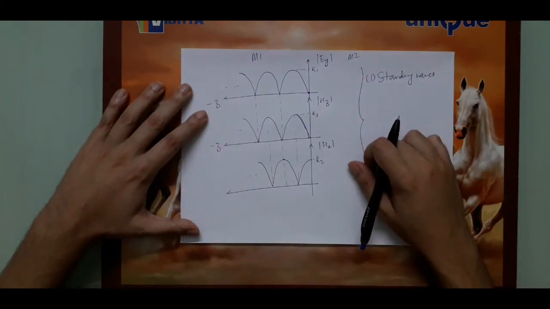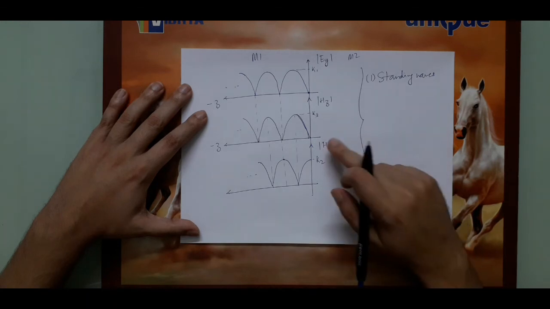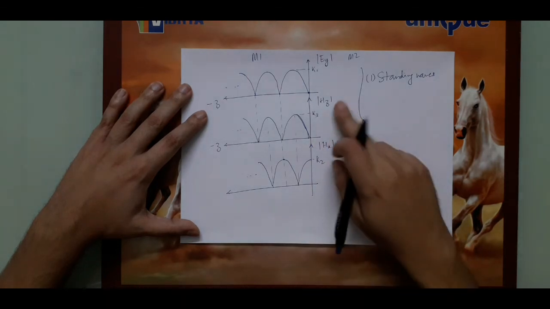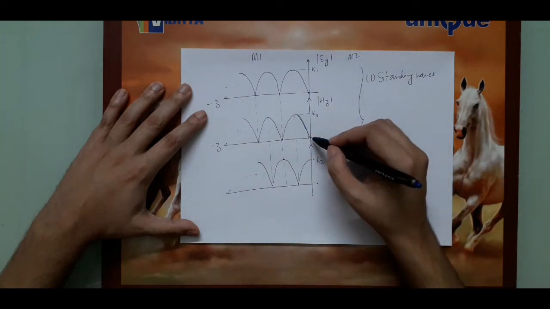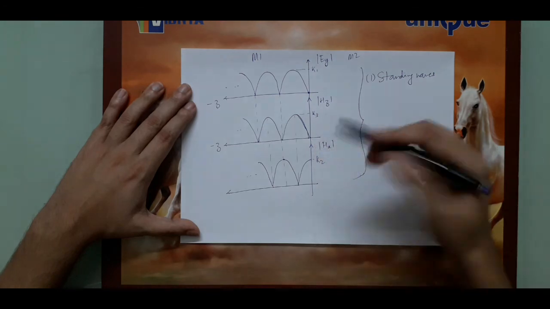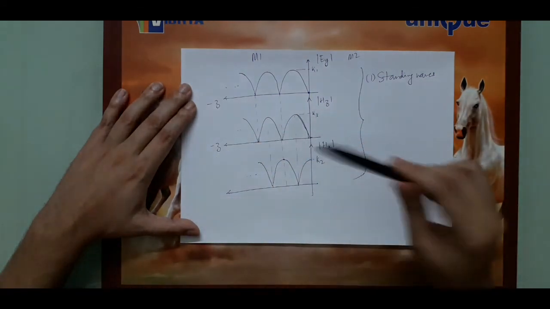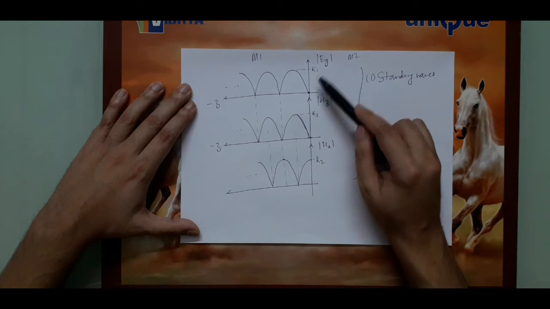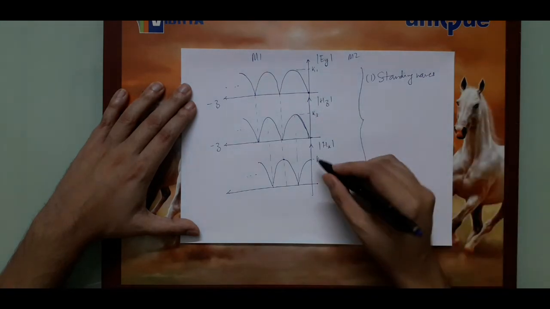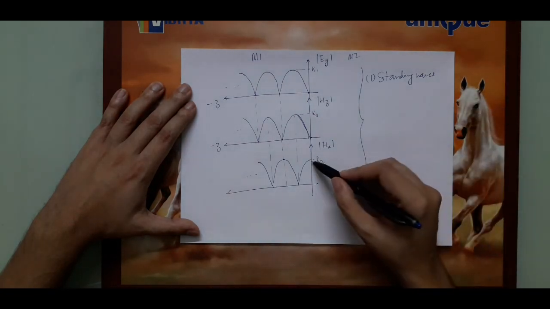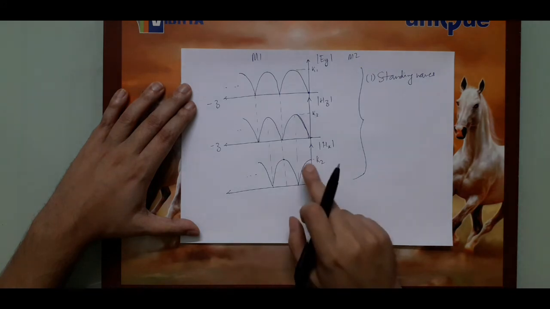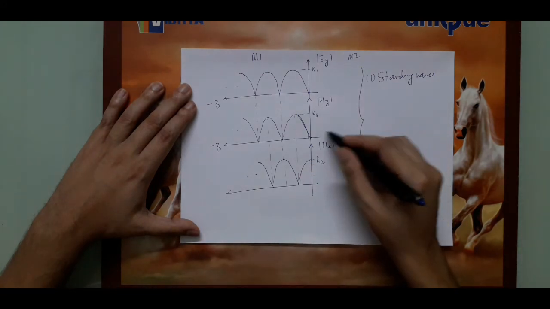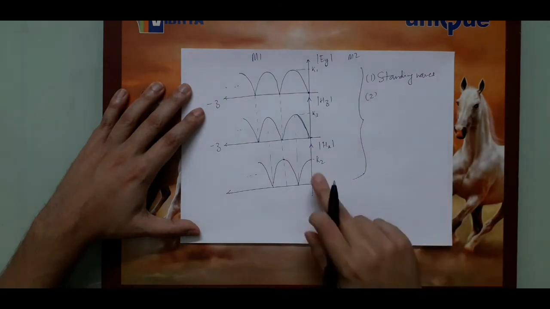So what can we say about Hx? Hz is 0. Hz is the normal component of the magnetic field. It is 0 at this point. Ey is the tangential component of the electric field, which is 0, as we had proved. But what about Hx? Hx is a tangential component. So as per the boundary condition, the Hx will induce a surface current.